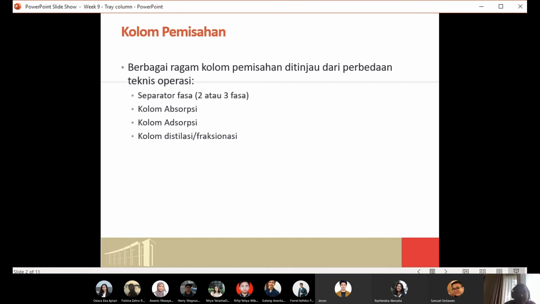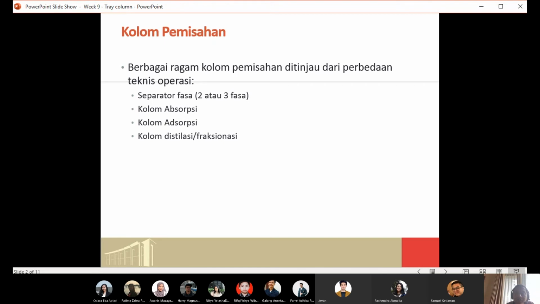How about in terms of the distillation column? Actually, not only distillation column, there are other types of column known as tray or packing columns, for example the fractionation column and also the absorption column. There are two types of absorption, using a liquid and using a solid.